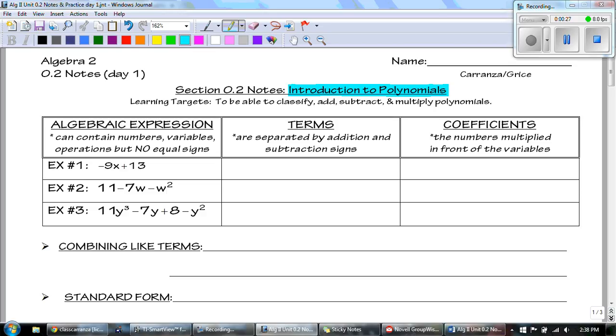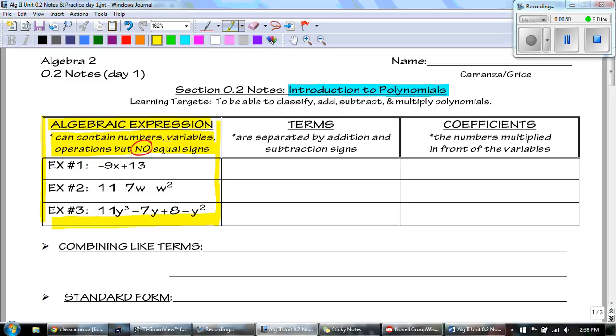Algebraic expressions. Remember that algebraic expressions can contain numbers, variables, and operations, but no equal signs. If you look below, we've got three different examples of what an algebraic expression looks like.